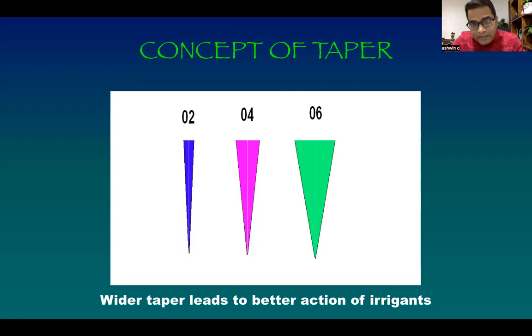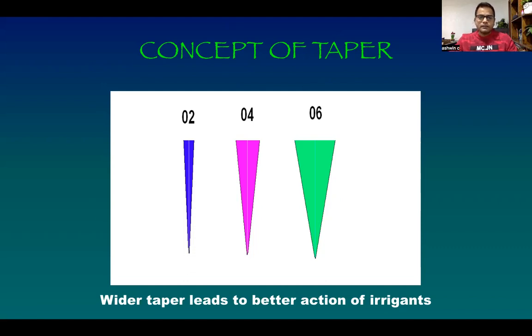Can you see the apex? These many things you have to see in the IOPA, and then you start proceeding with your treatment. Do not blindly just start opening up. Otherwise, you will land up in problems, and then you will be sitting in some kind of advanced workshop for removal of instruments and bypassing ledges and all. If you want to be good in endo, stick to the basics, and these are the basics.